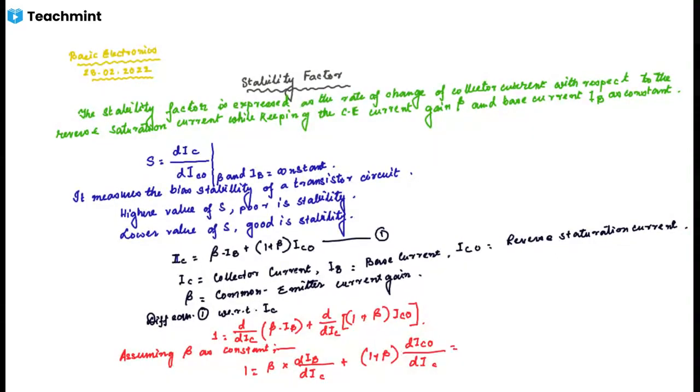That equals beta into dIB by dIC plus (1 plus beta) into 1 by S, because S equals dIC by dICO.